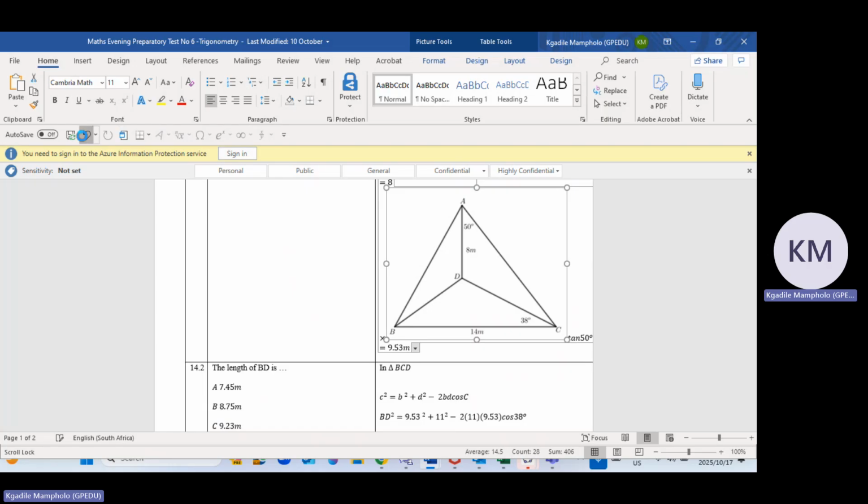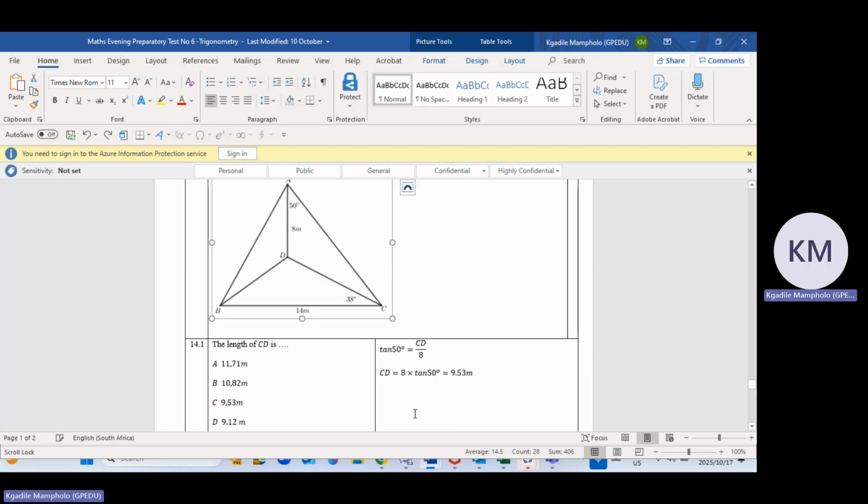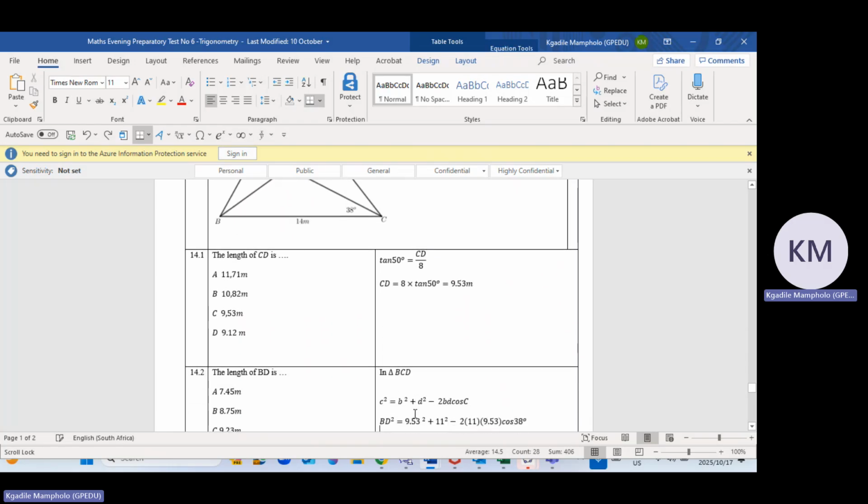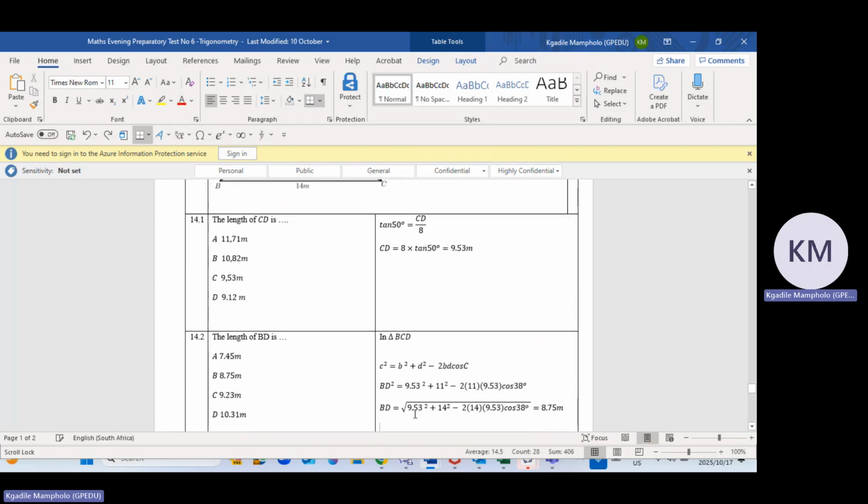So let's use the cosine rule. We'll say in triangle BCD, c squared. We start with c squared, so that C will be the angle.